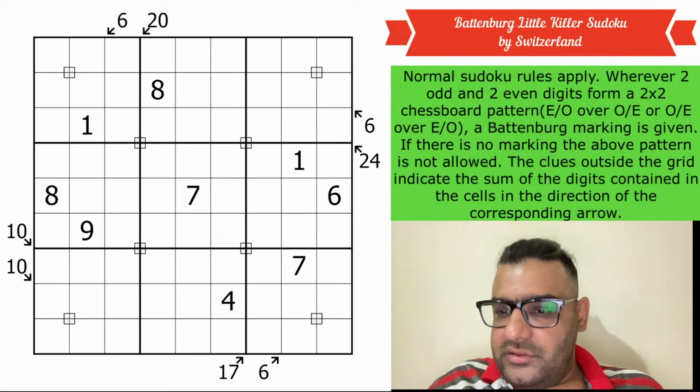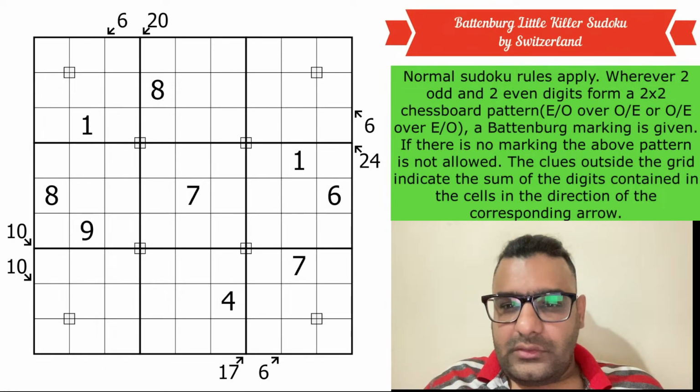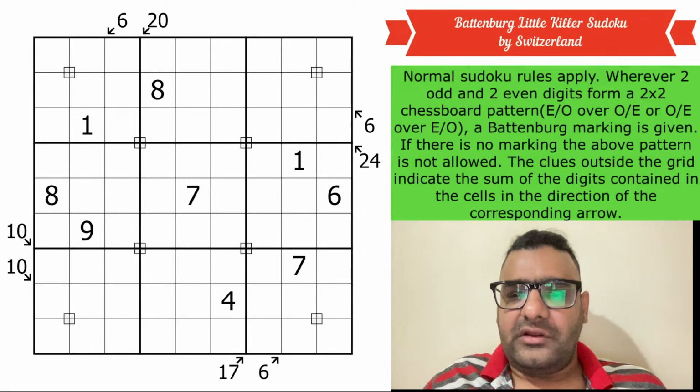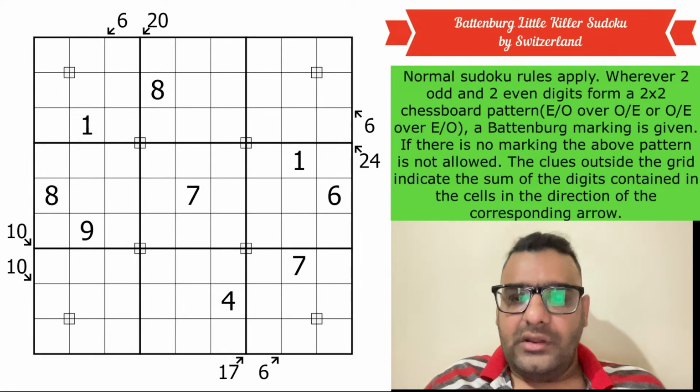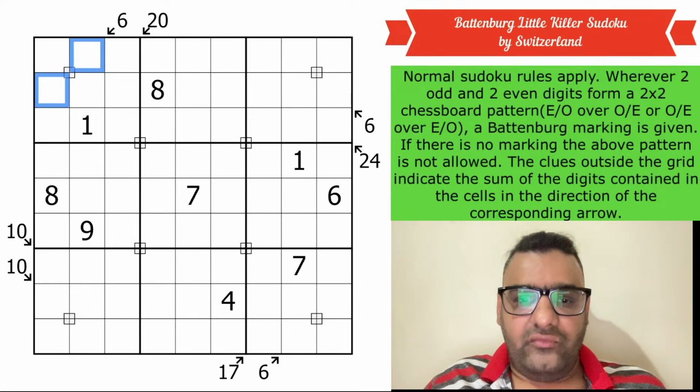So it is written, let me read. The clues outside the grid indicate the sum of the digits contained in the cells in the direction of the corresponding arrow. So this means if this is 6, this number and this number, if we add up these two, this should be 6.